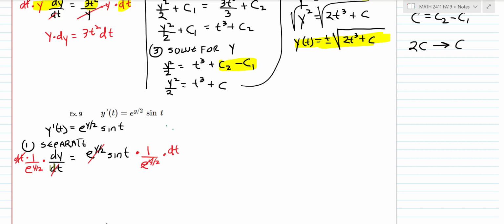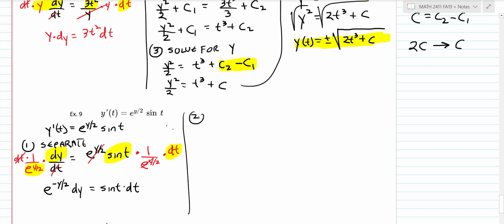So we're left with dy over e to the y over 2, and sine t dt. Let's write what we have now: e to the negative y over 2 times dy is equal to the sine of t times dt. That's the first thing: we separate the variables.